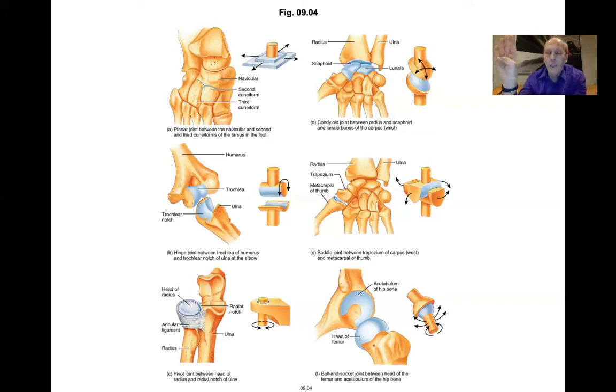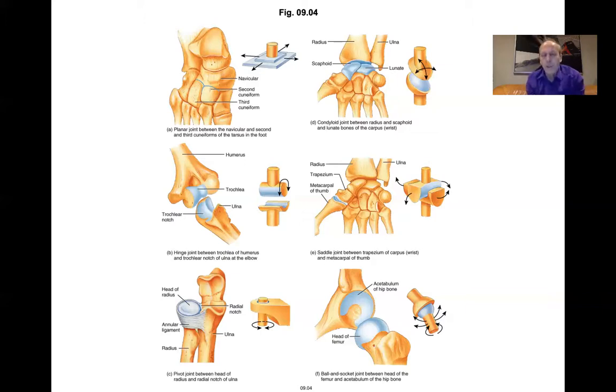That is opposition, and its opposite, reposition of the thumb.